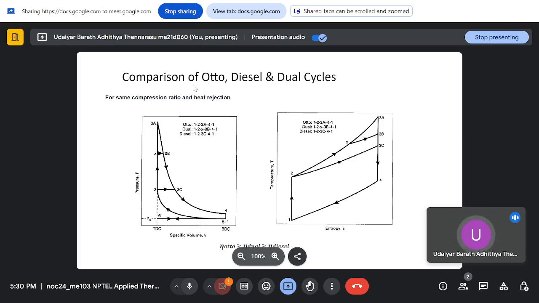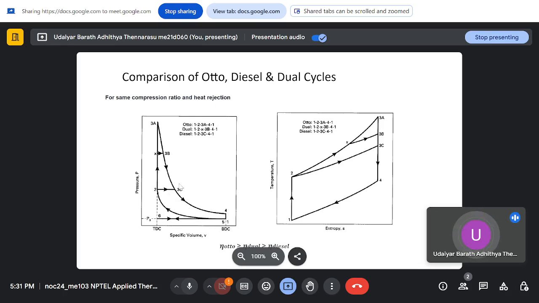Then you have a comparison of Otto, diesel and dual cycle. So when you have same compression ratio and heat rejection, this is how the process looks like. So this has same compression ratio, so 1 to 2, your compression ratio is same. Then your heat rejection is same.